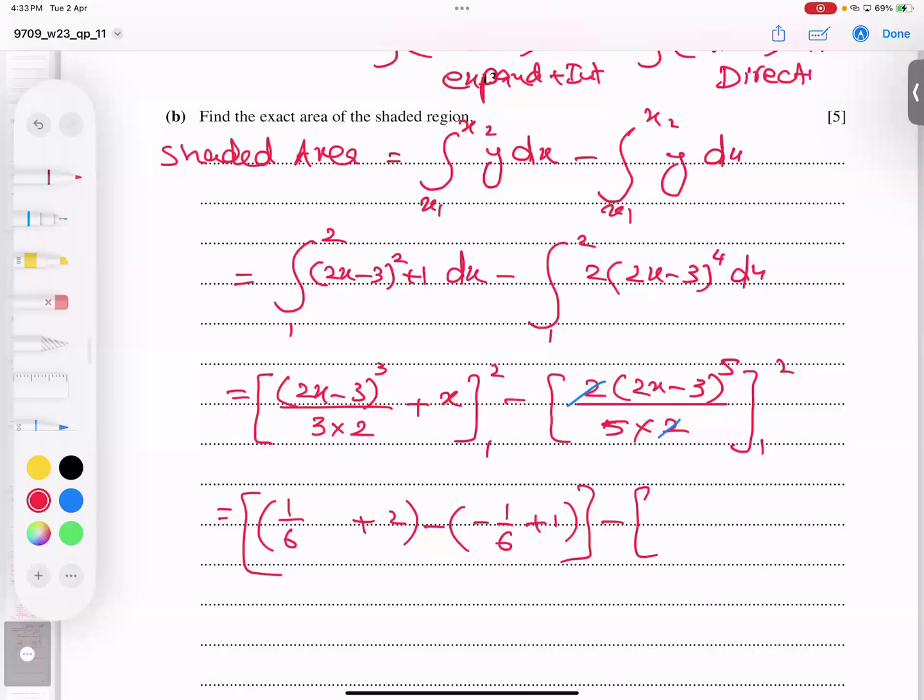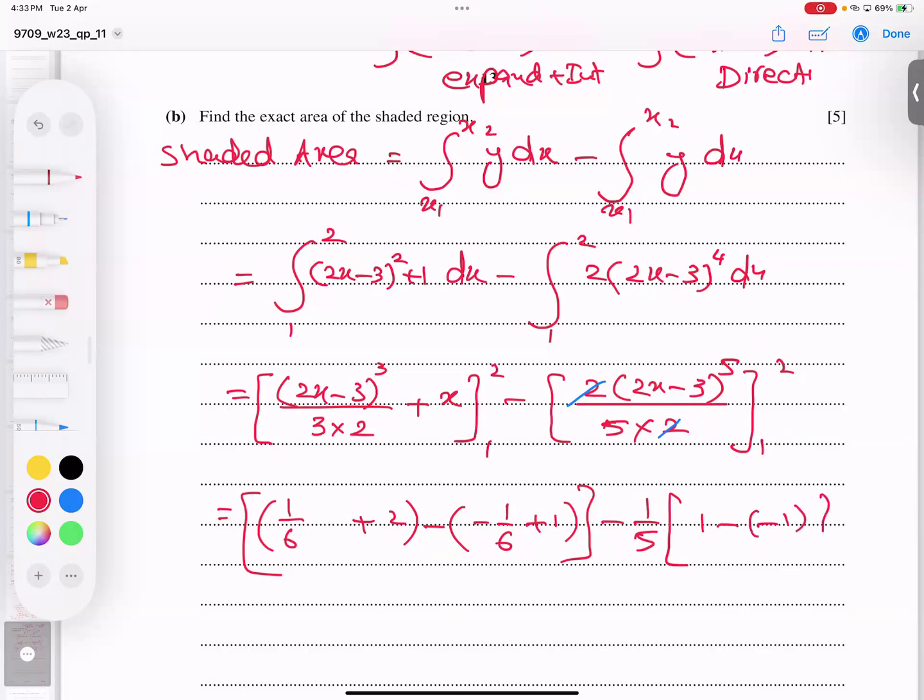Now I'm doing the same story for the other part. I made it easy for myself by taking 1 by 5 outside, but if you don't bring it outside, no problem at all. When I plug in 2 here, 2 to the 4, 4 minus 3 is 1, and 1 to the power 5 is 1, minus. When I plug in 1 here, 2 times 1 minus 3 is minus 1, and minus 1 to an odd power is minus 1.